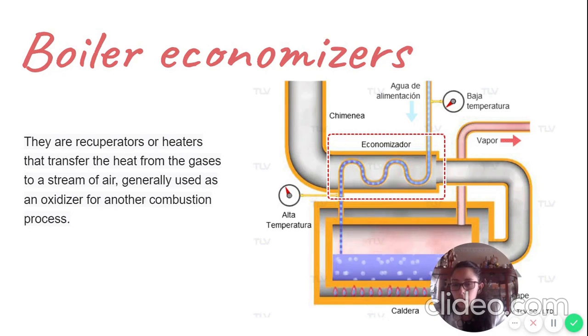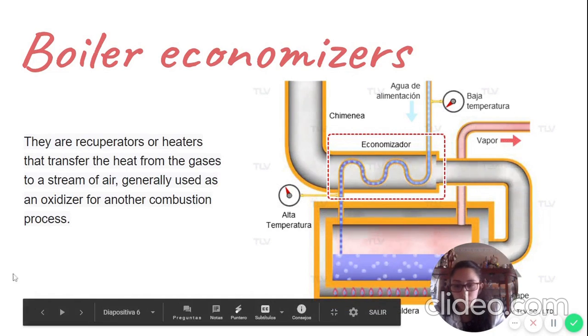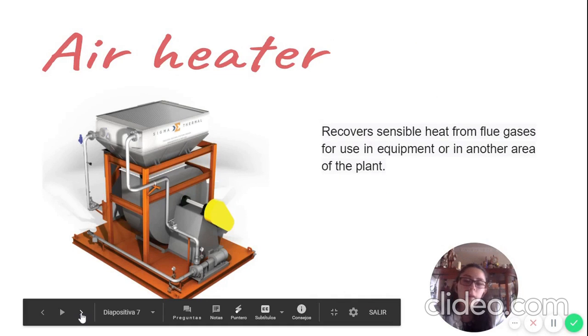For steel tubes A, AESA or AA, 160 to 170 degrees Celsius to 120 to 130 degrees Celsius, and for cast iron tubes F and AF, 150 to 160 degrees Celsius and 70 to 80 degrees Celsius. And the other is the aerator.